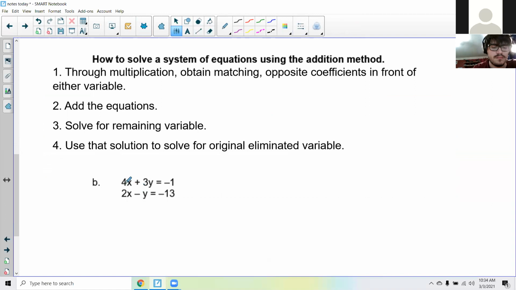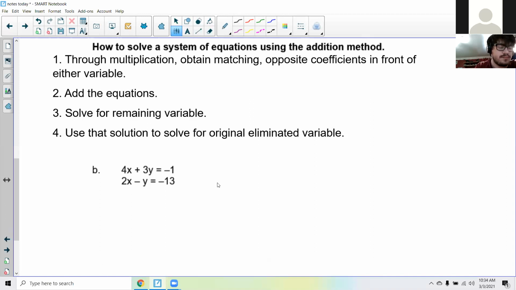So here we have 4x plus 3y equals -1, and 2x minus y equals -13. So we could get rid of either variable if we want. We can get rid of the x's. If I want to get rid of the x's, watch this. I can multiply the bottom equation by -2. So if I multiply the bottom equation by -2, I'll have a 4x and a -4x.